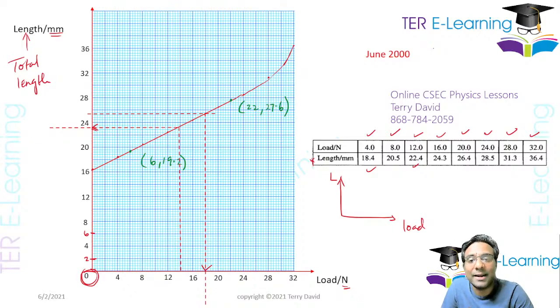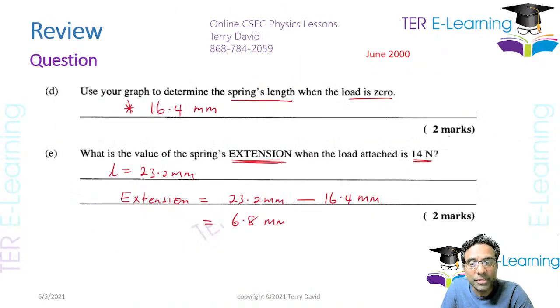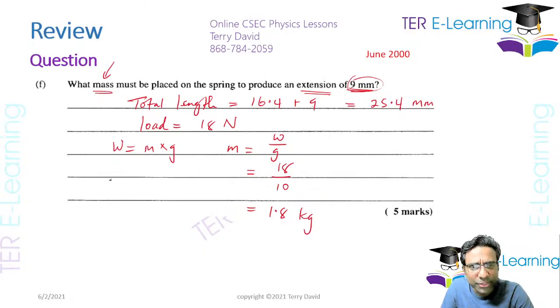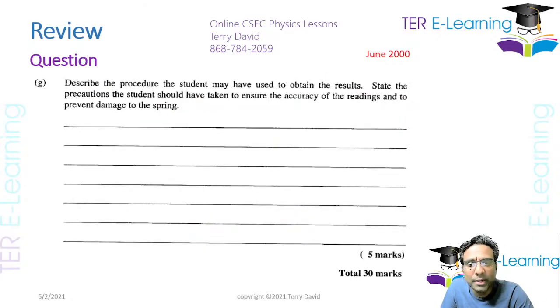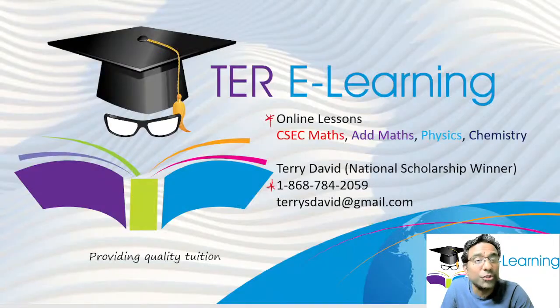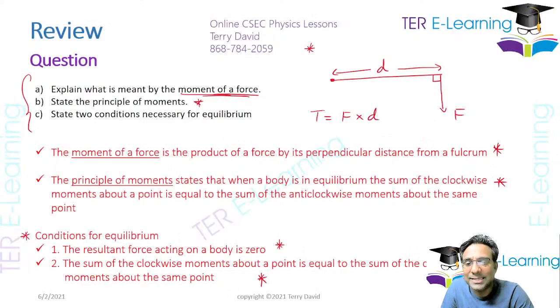I showed you how to calculate the slope, because if you do get a question on Hooke's law, chances are you will be asked to find the gradient and to figure out what the spring constant is for that spring, right? I showed you how to read off different things from the graph. You know which years the questions are from, so please go through the questions again and see if you can get the same answers that I'm getting.